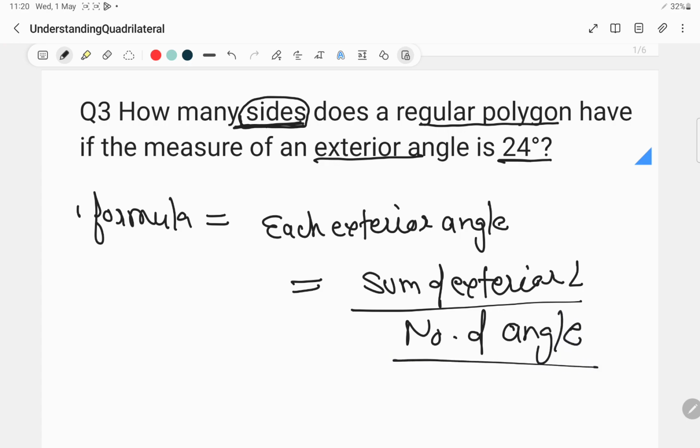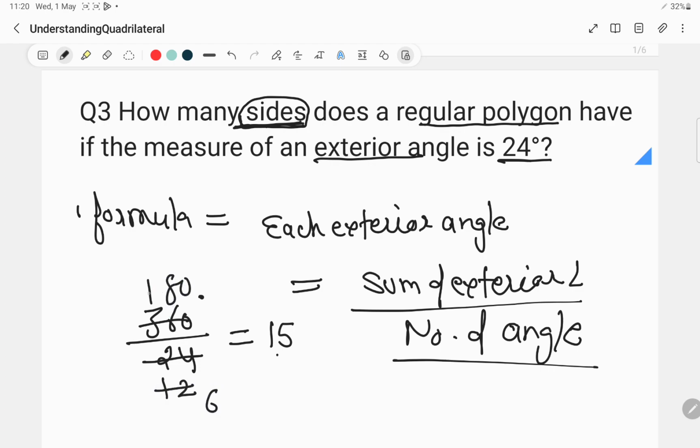In this question, we will put 360 degrees here and upon 24. So it will be equal to 15. How does 15 come? See, 2 ones are 2, 2 twos are 4, 2 ones are 2, 2 eights are 16.